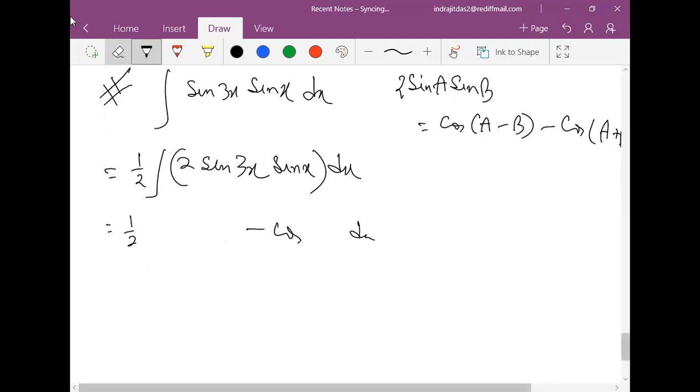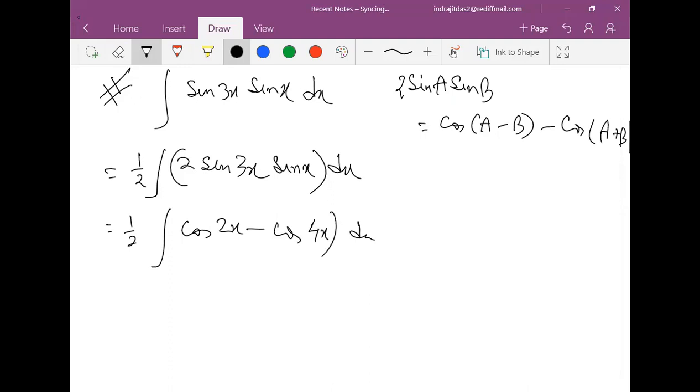This is cos A minus B first, cos 2x. How is it A minus B? A is 3x, B is x, and this will be cos A plus B, that is 4x. Now we separate 1 by 2 outside, cos 2x dx, minus again 1 by 2, because that 1 by 2 is outside, cos 4x dx.